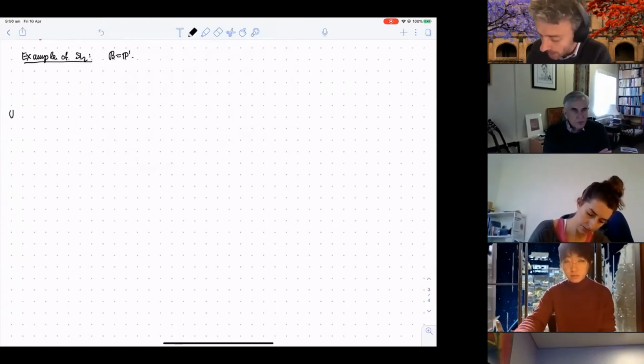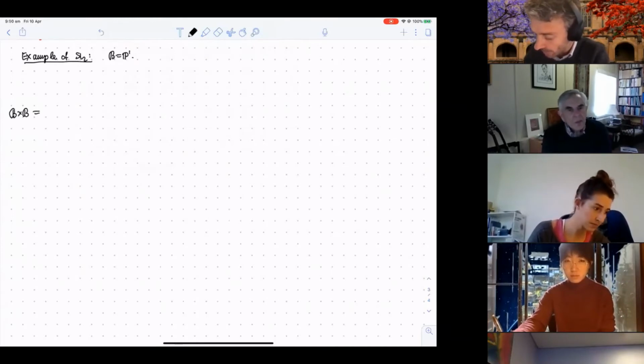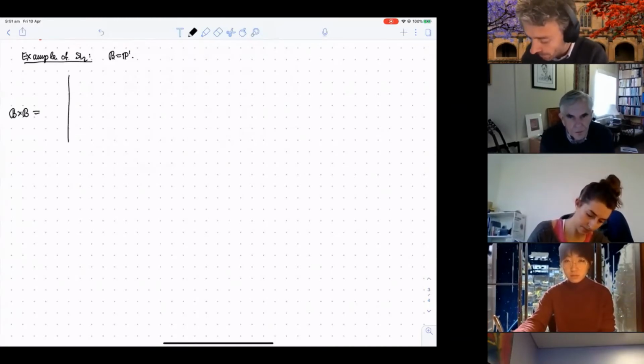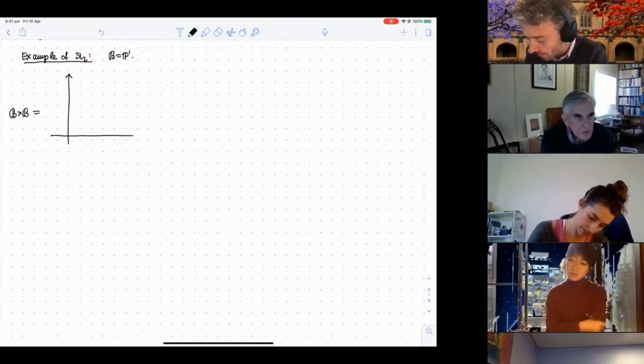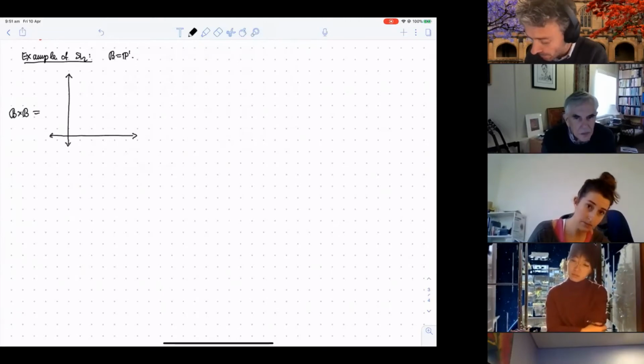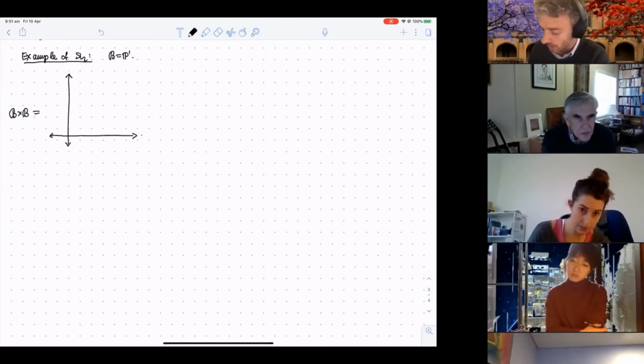So B times B looks like a P1 in this direction and P1 in this direction.